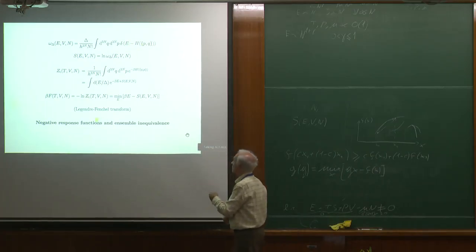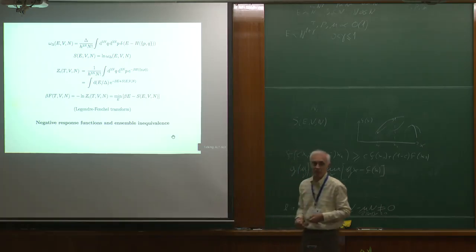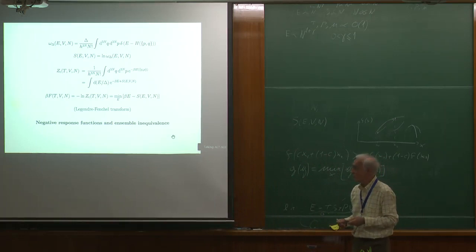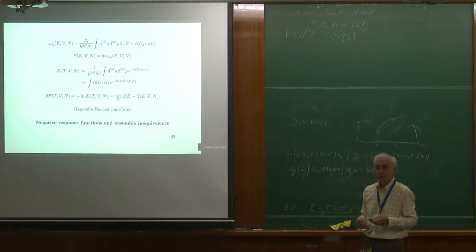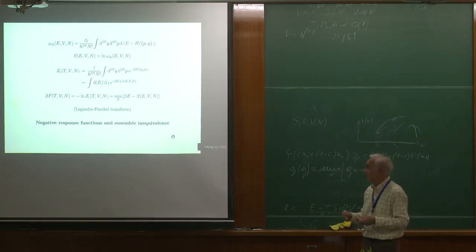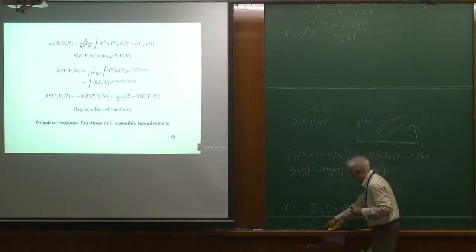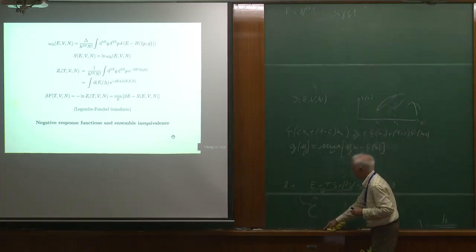That no matter the form of s with respect to E, this is a concave function with respect to beta, the inverse temperature, this beta f. And this is very important because this is the mathematical fact that proves the ensemble inequivalence when you have additivity. Because additivity tells you that S is concave, but when S is concave, sorry, you have the following.